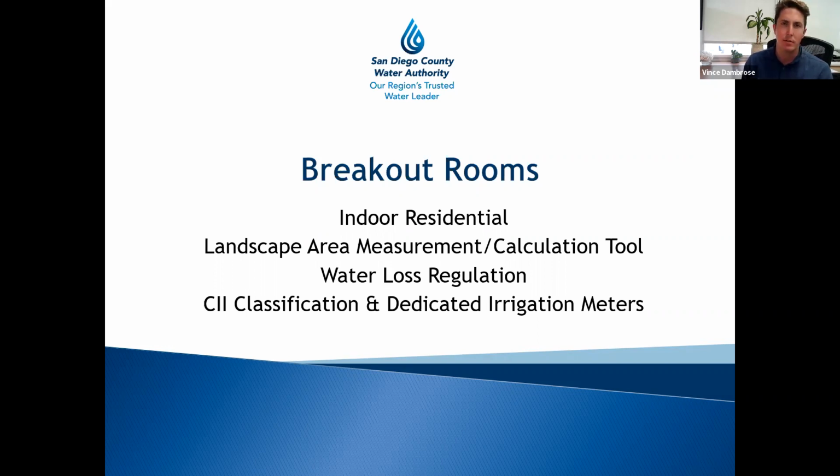But then really also talking about the total costs for getting a dedicated irrigation meter. So if a customer met that criteria and they had to split, what was it? And Cooper from Contra Costa, who's on the group, was able to put a pretty good cost sheet together on what it is.